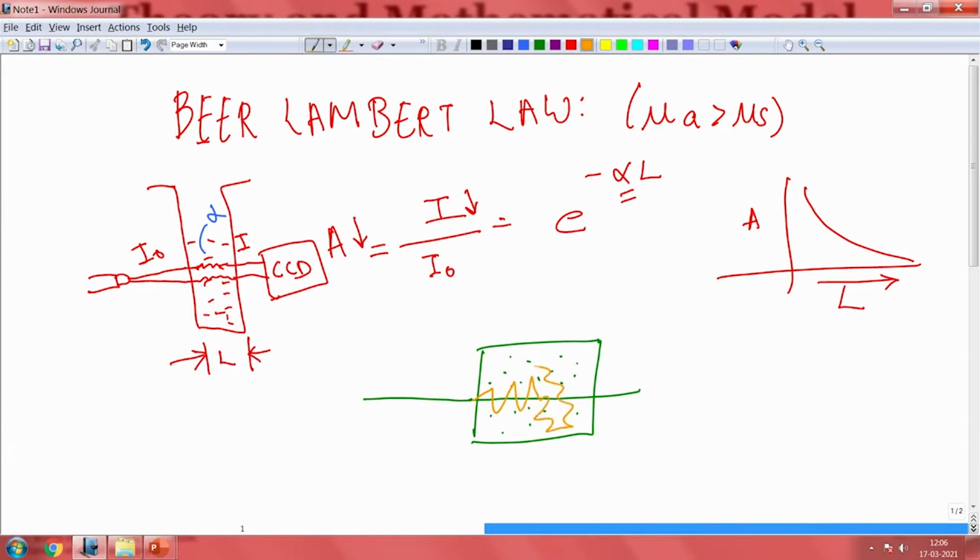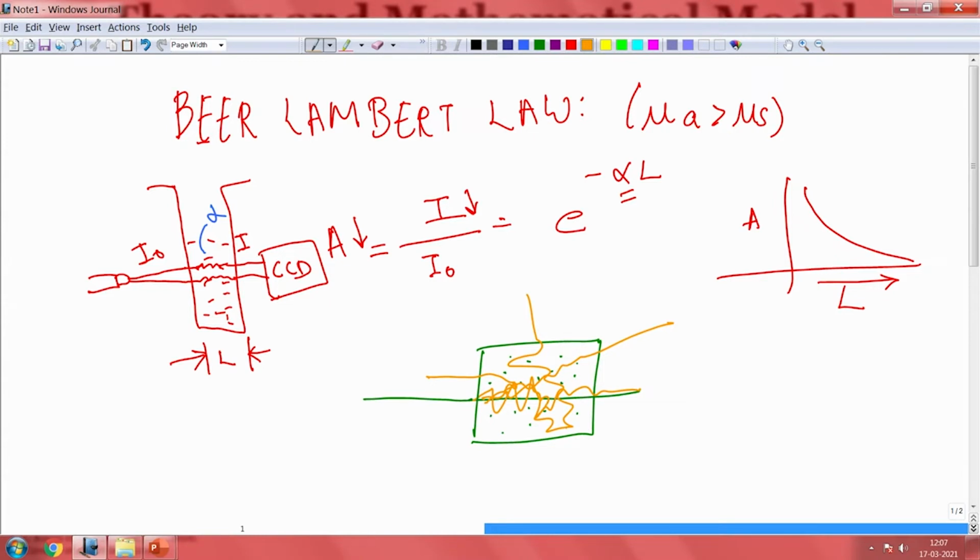Some of it can go outside, some can go forward, some can go backwards, some can go at a particular angle. So the absorption is not going to be more dominant, but the scattering is going to be more dominant. So the Beer-Lambert law might not be the best way to quantify the optical properties of the tissue.